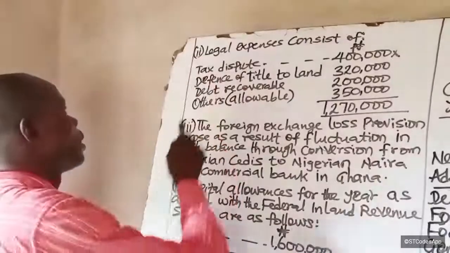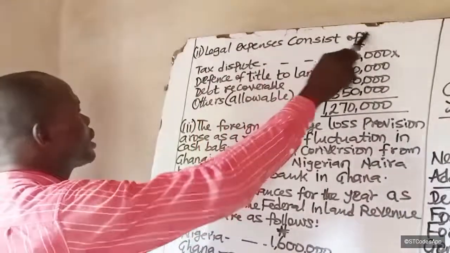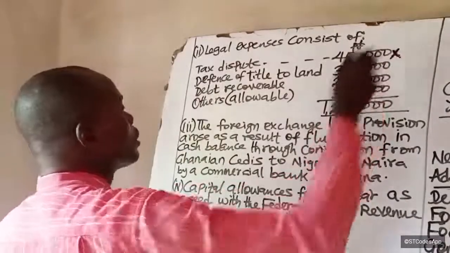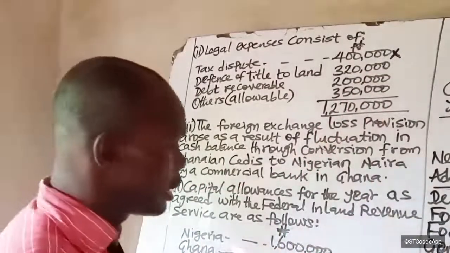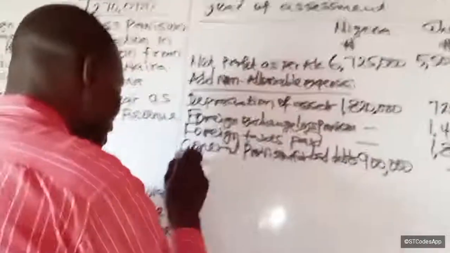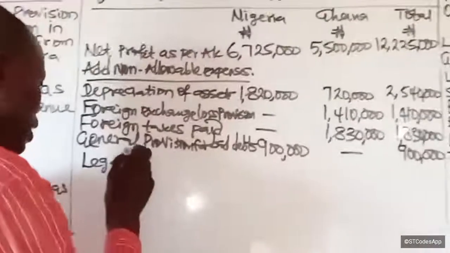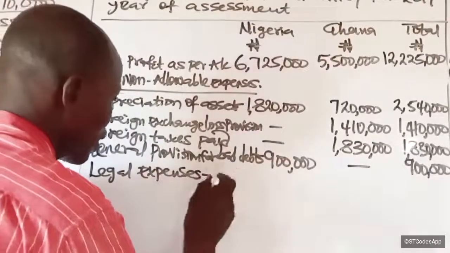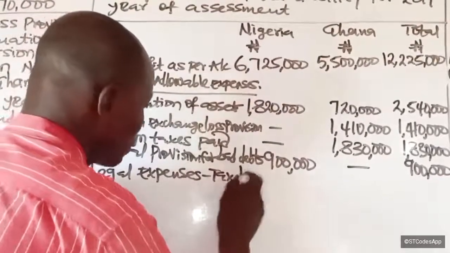Note 2, legal expenses consist of tax dispute. Tax dispute is not allowable, 400,000 naira. So legal expenses because of tax disputes.